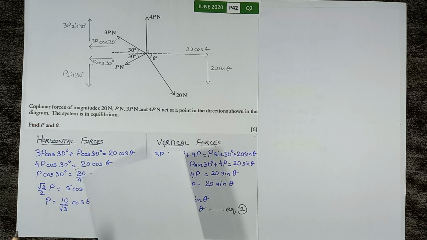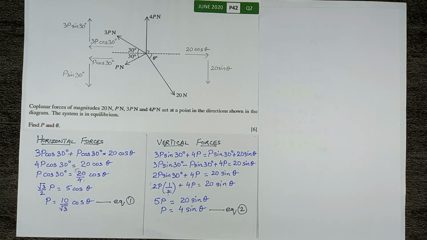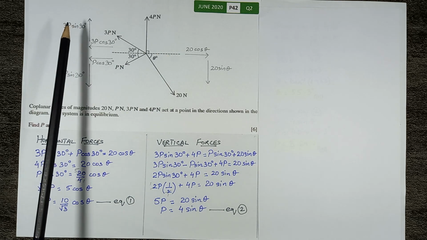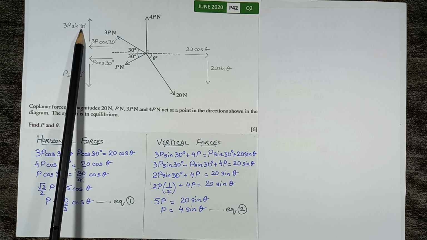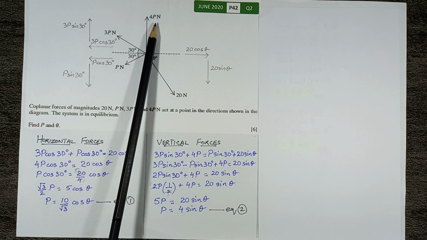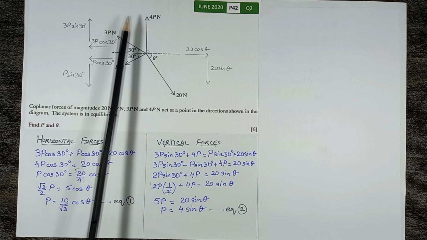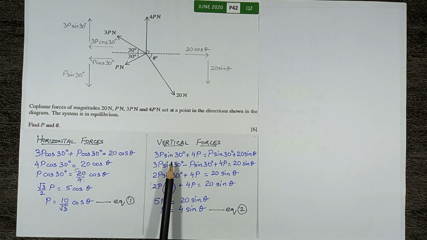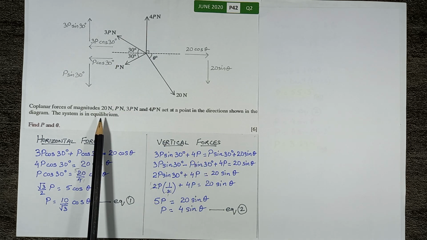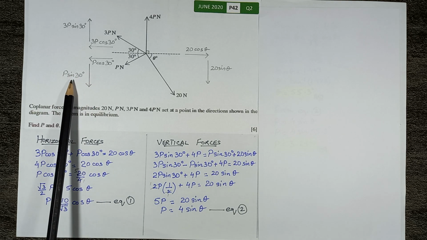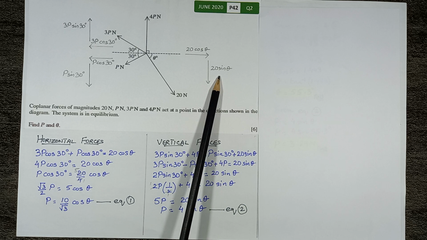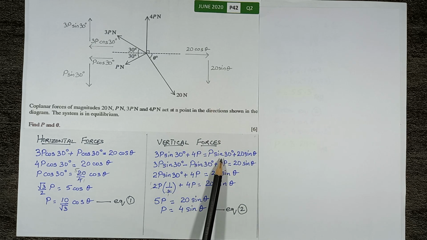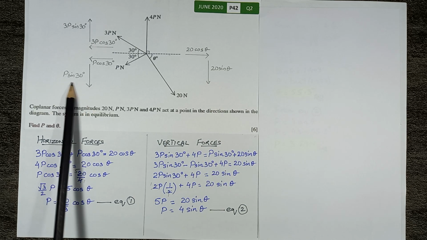Similarly, we would equate the vertical component as well. As in the diagram we can see, for the vertical component, we have 3P sine 30 pointing upward and 4P pointing upward. So the sum of these two, 3P sine 30 plus 4P, would be equal to, because it is an equilibrium, P sine 30 pointing downward and 20 sine theta pointing downward, as we can see over here.